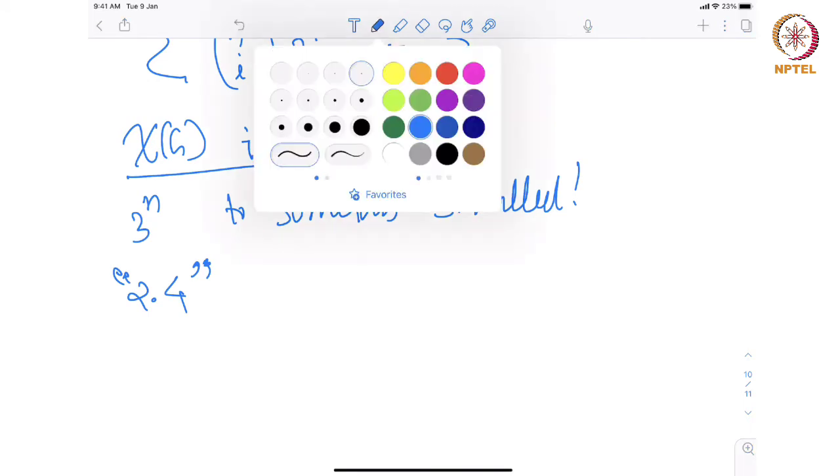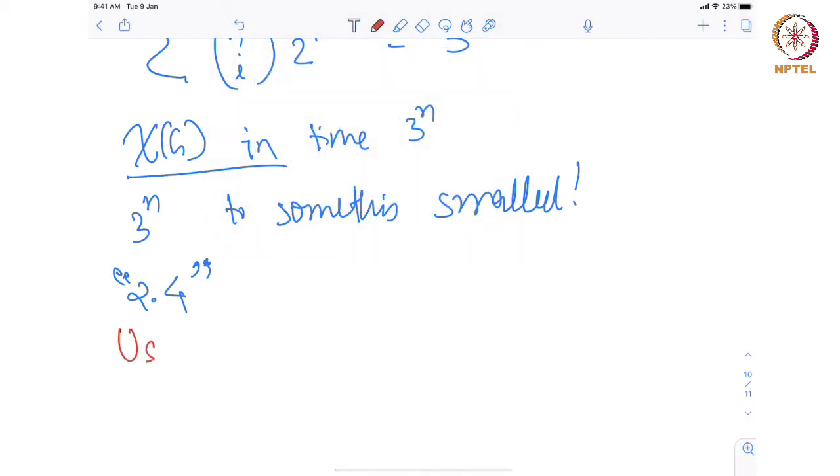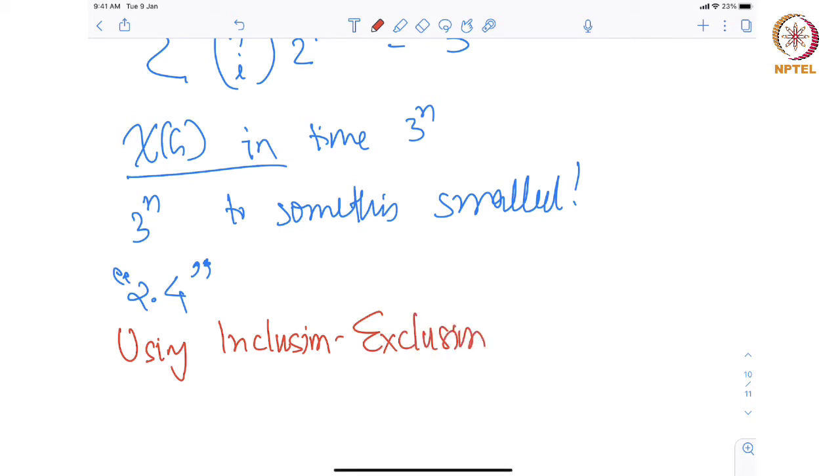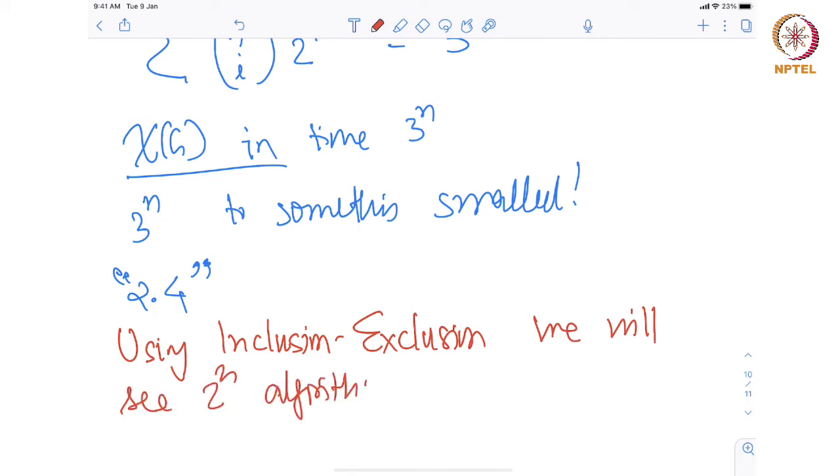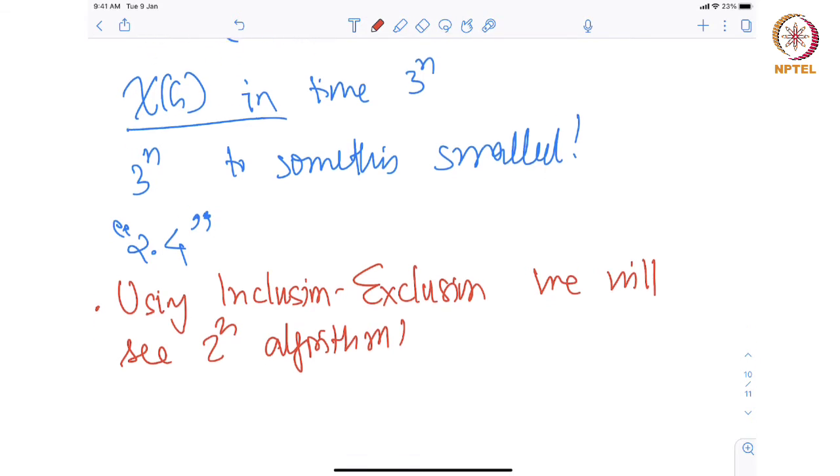Using inclusion exclusion, we will see a 2 to the power n algorithm. That will be our goal: using inclusion and exclusion to see a 2 to the power n algorithm.